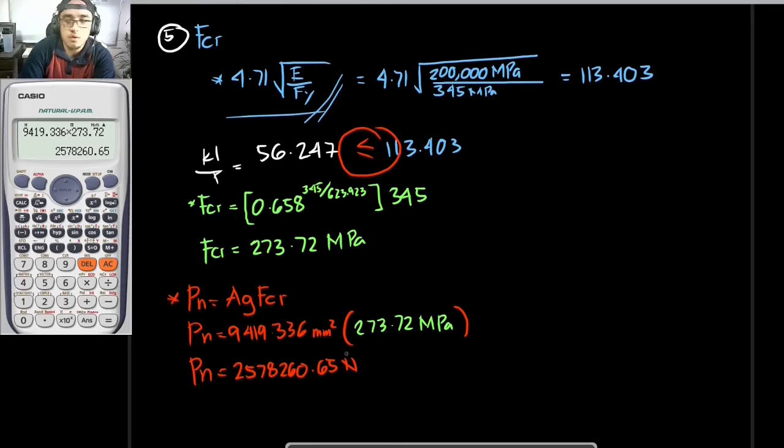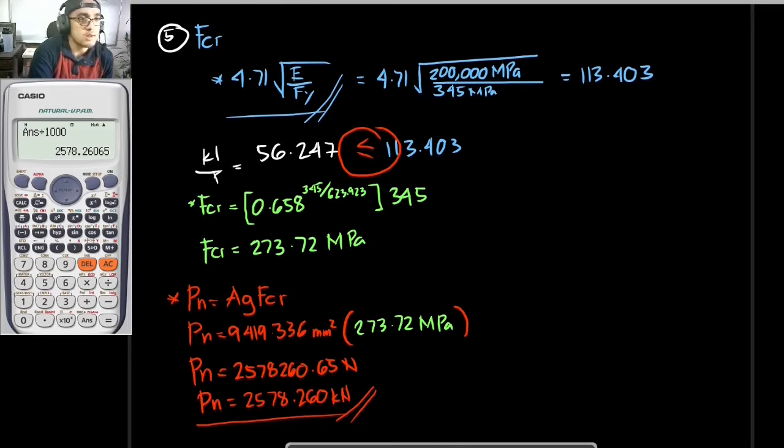If we are to convert this into kilonewtons, just divide this by 1,000, that is 2578 kilonewton. So this is your nominal strength.